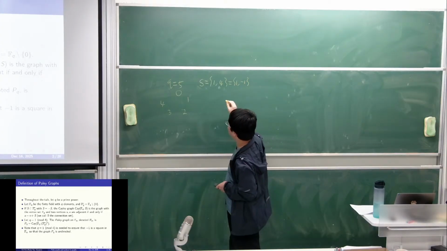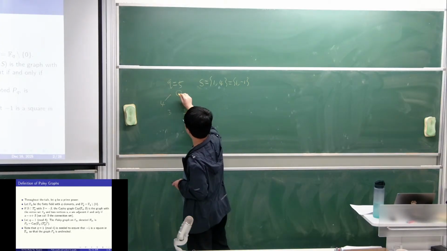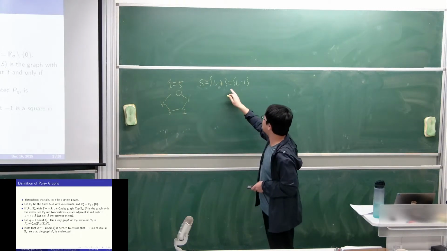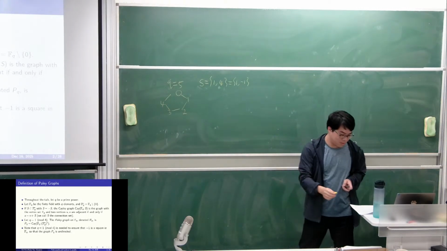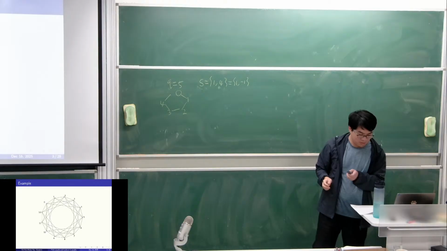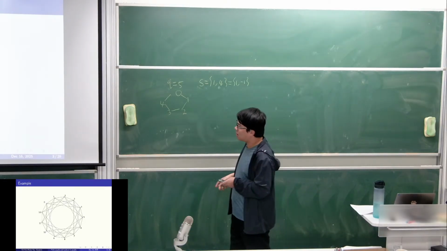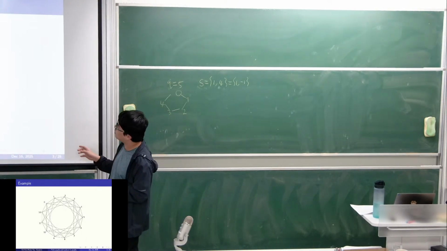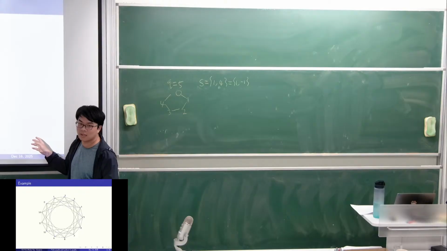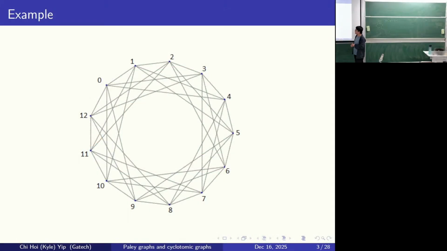So the Paley graph on 5 vertices is just C5, because the connection set is just 1 and minus 1. And here is an example of a Paley graph on 13 vertices. The underlying field is F_13, the finite field with 13 elements, and you can see that this is a pretty nice graph.